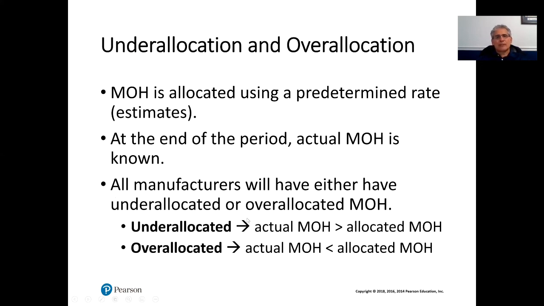Because of this being off, we're either going to be underallocated. Underallocated means our actual MOH, our actual costs, are greater than what we anticipated. So therefore, we allocated less than what our actual was. In other words, our actual MOH is greater than allocated MOH. Our costs were greater.